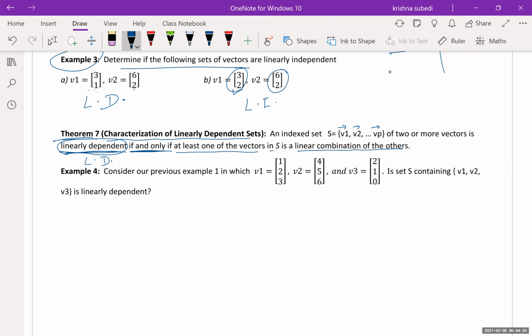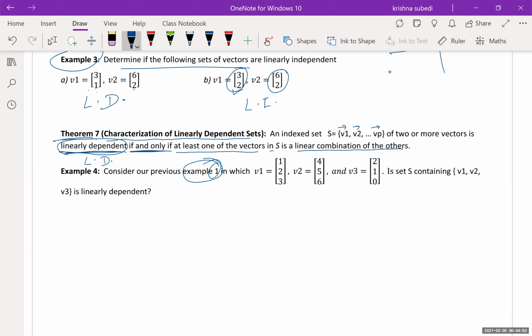So what it means is, these are the same vectors that we worked with in example 1, and we have already proved in example 1 that they are linearly dependent. If you don't want to use that method and you just want to use your common sense, even though common sense is sometimes difficult, if you're very sure, go for it.